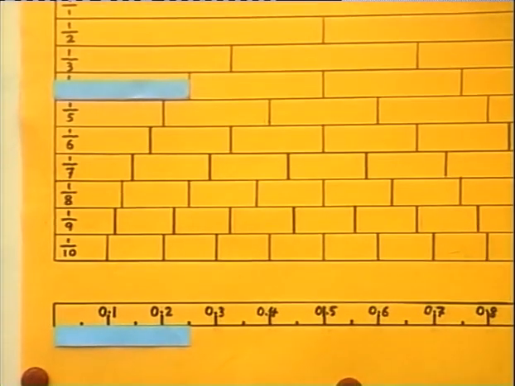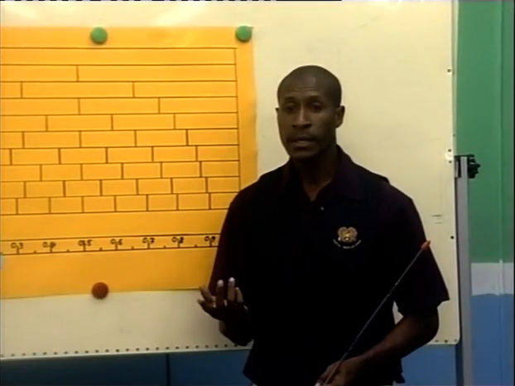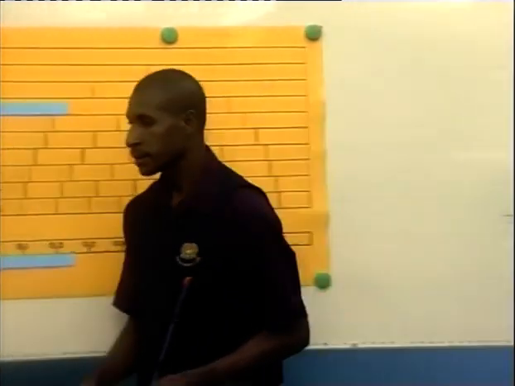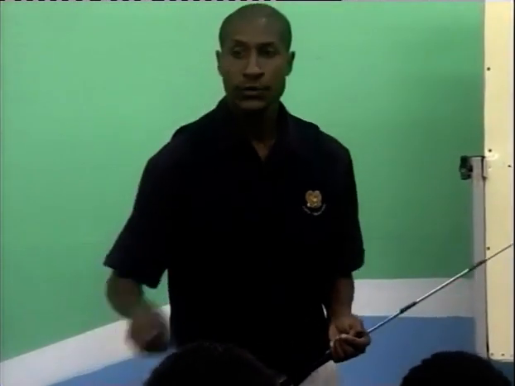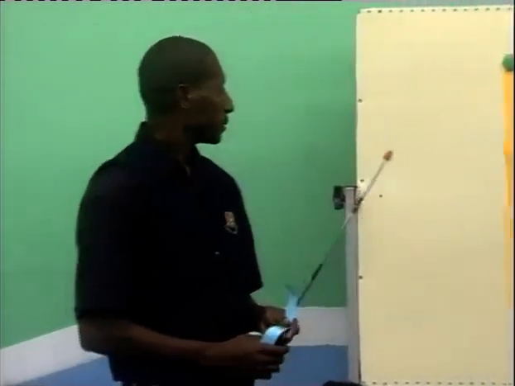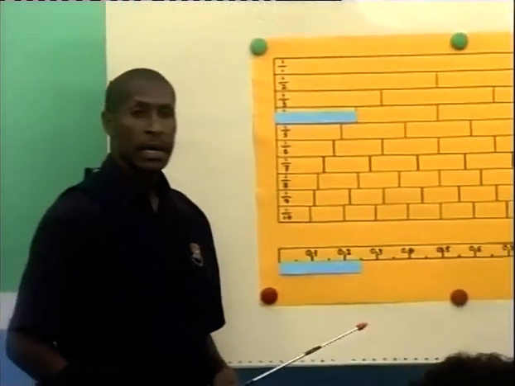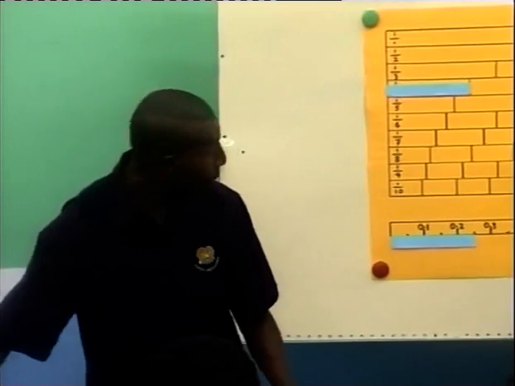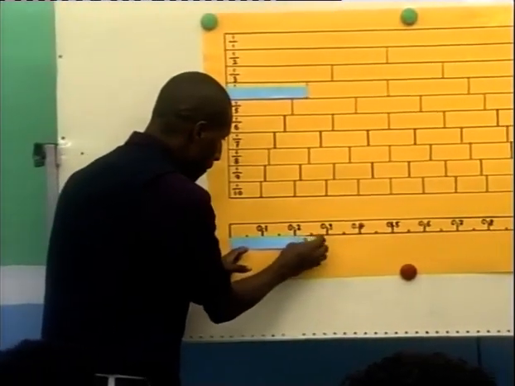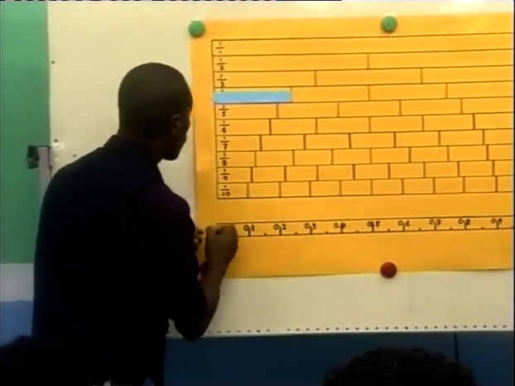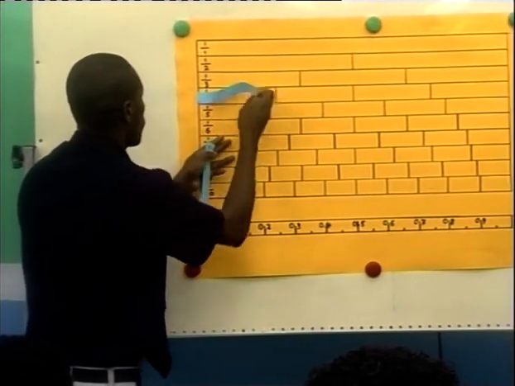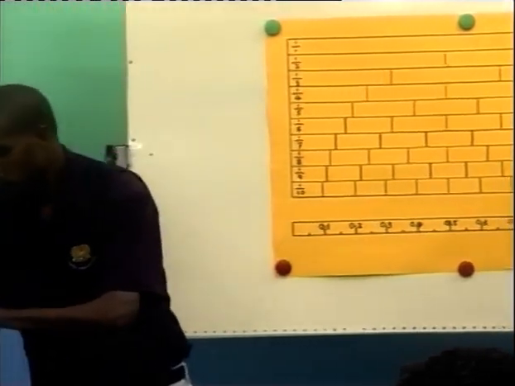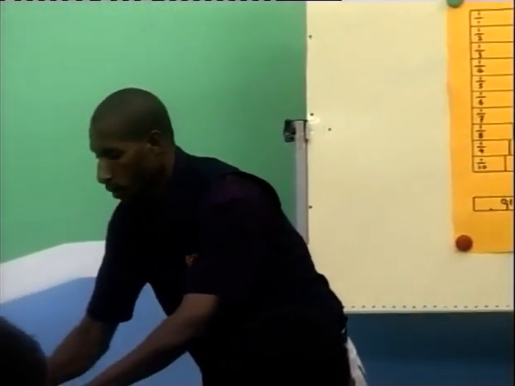Now, what about 0.3 and 3/10? Can someone come to the front and tell me where 0.3 is on the scale?